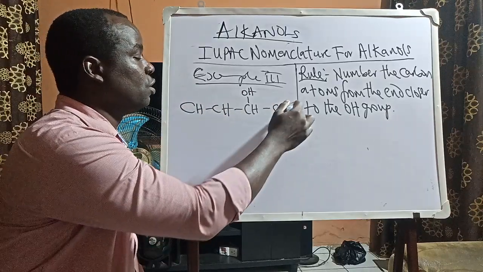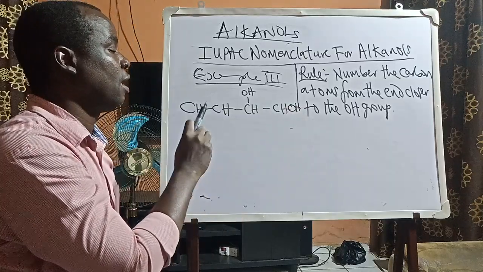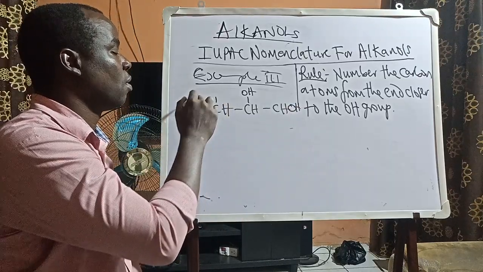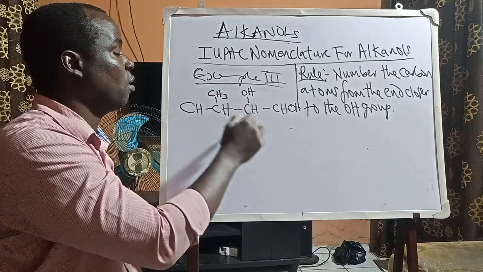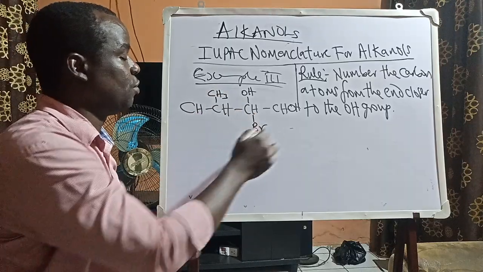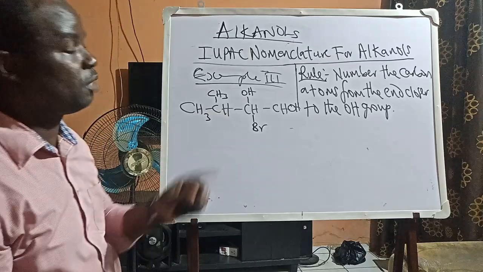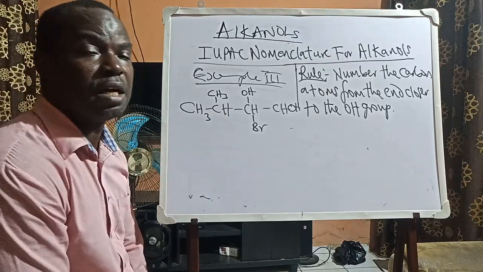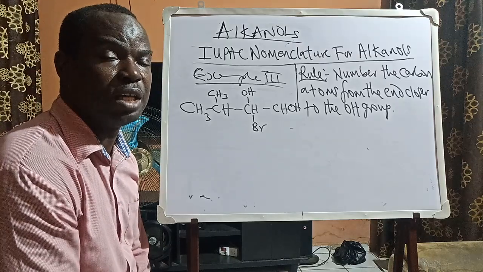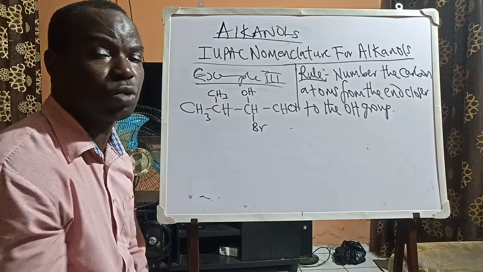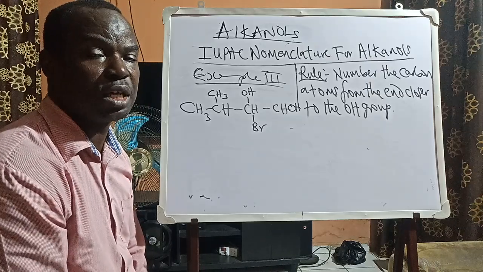Okay, let me put OH here. Then I have CH3. Then I have Br. So this is CH3. Let us name this compound. Then you can go to your textbooks and try to practice with the exercises you have there. Try to answer some questions. I have to draw some structures there.